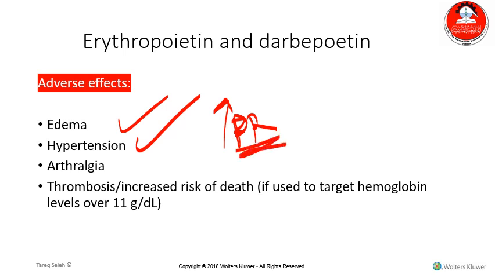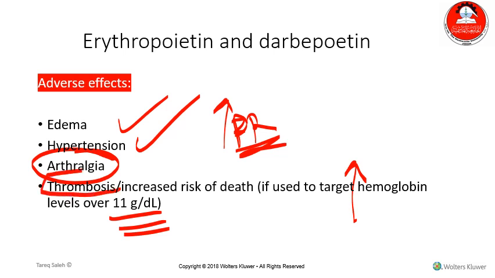Patients on erythropoietin therapy can also suffer from arthralgia. And as we mentioned, if erythropoietin resulted in a rapid increase of hemoglobin of more than 11 to 12 grams per deciliter, this will be associated with severe thrombosis and increased risk of death and poor therapeutic outcomes.